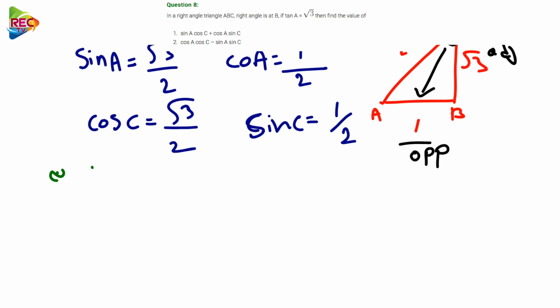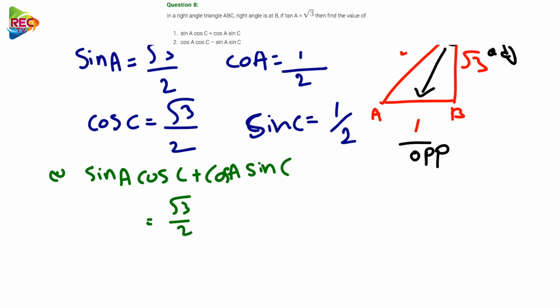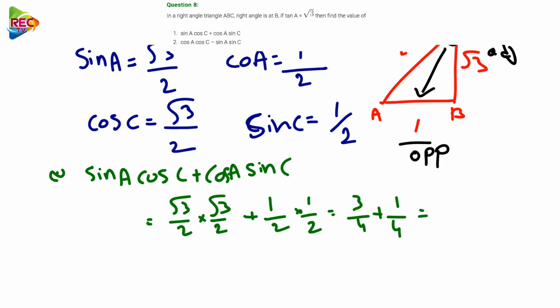Okay, first one: sin A cos C plus cos A sin C. Here sin A value is root 3 by 2, cos C value is root 3 by 2, plus cos A value 1 by 2 into 1 by 2, that equals 3 by 4 plus 1 by 4. 4 is the LCM, 4 by 4, that equals 1.